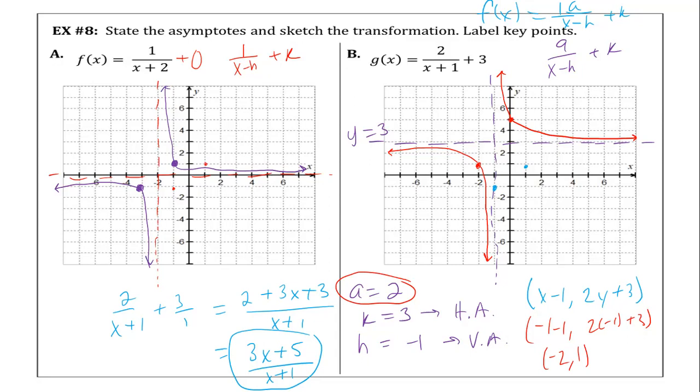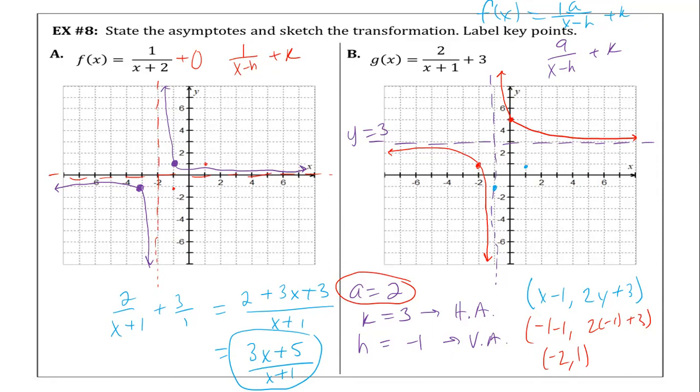K is 2? No, it's positive 3. So your A and your K affects your Y. Right? Your A and your K affects your Y. Agree? Your H affects your what? Your X.